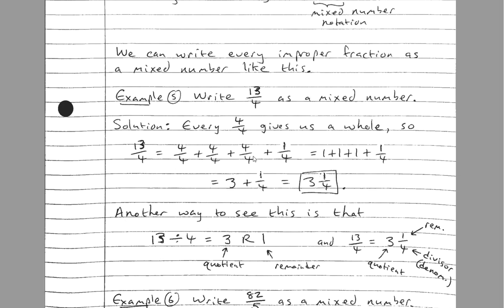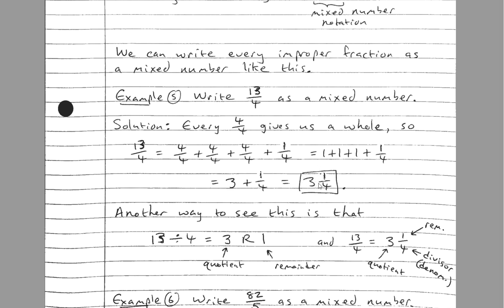Maybe the better way to think of it is going back to division with a remainder. We're dividing 13 by 4. How many times does 4 fit into 13? Well, it fits 3 times, that's the quotient, and 1's left over, remainder 1. So these are exactly the 2 numbers we need.